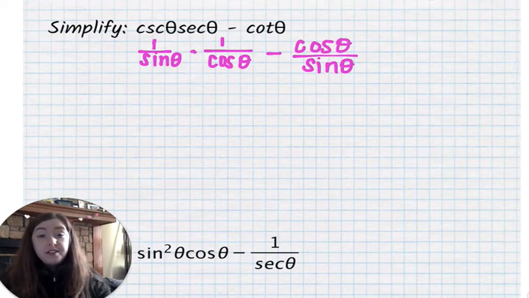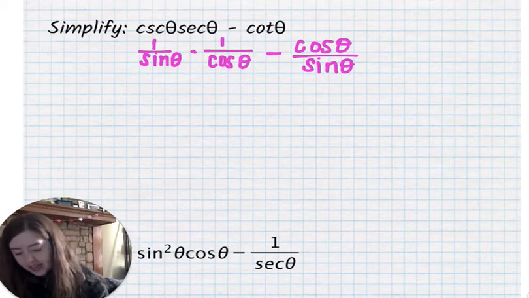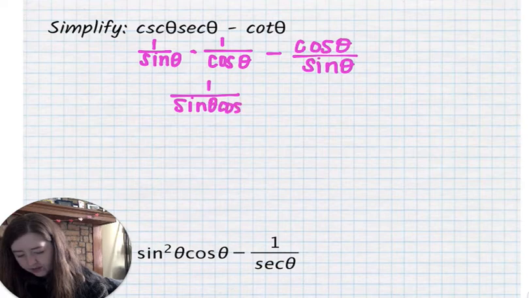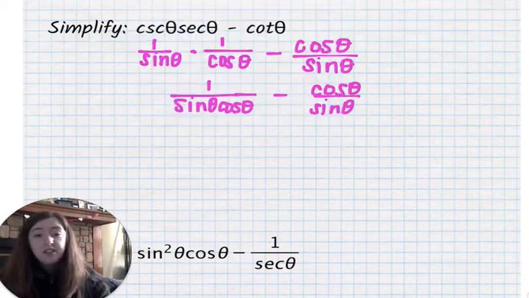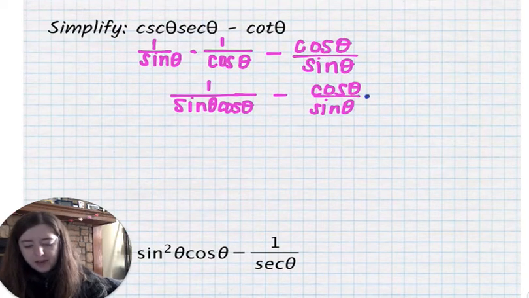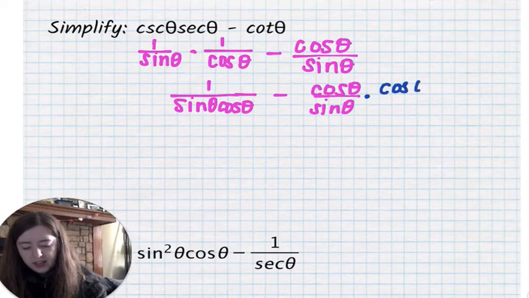So now I'm just going to rock some algebra. I'm supposed to multiply those two fractions together, so that's what I'll do. 1 over sine cosine minus cosine over sine. Then we want to subtract these fractions, so that means we need a common denominator. So I need to multiply my second fraction by cosine.